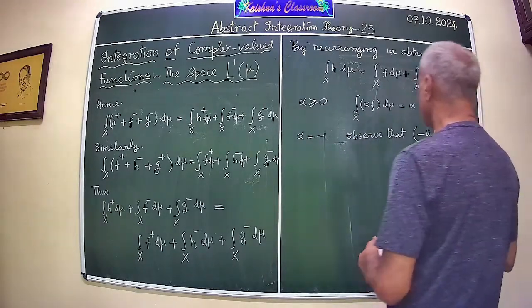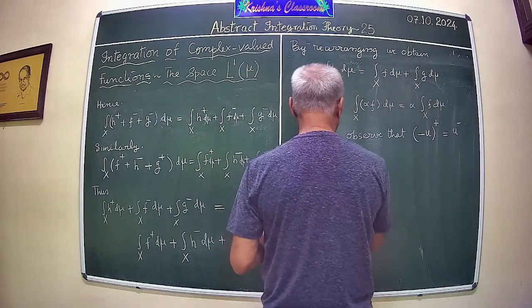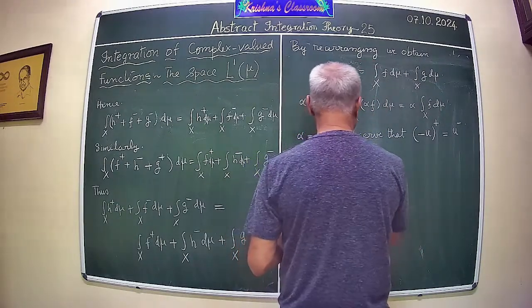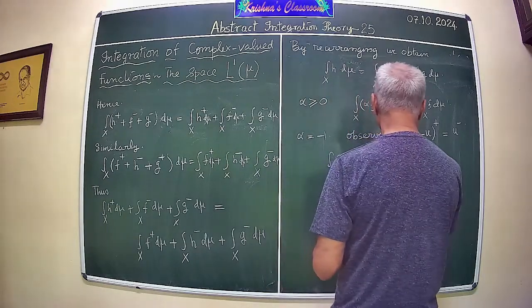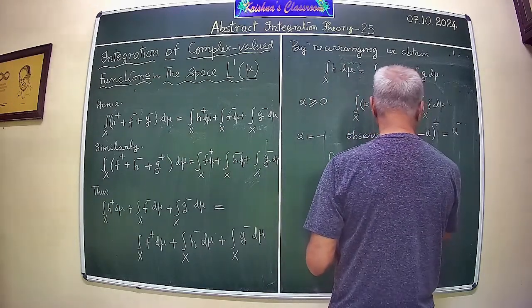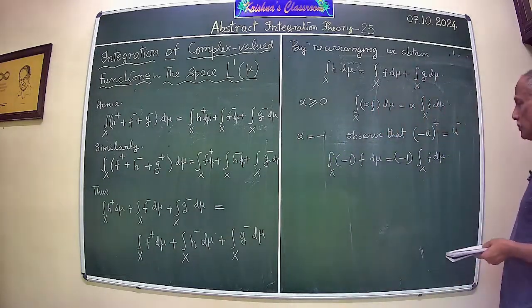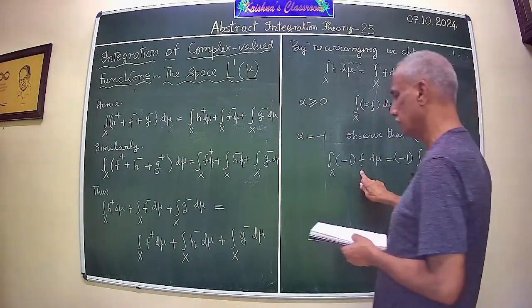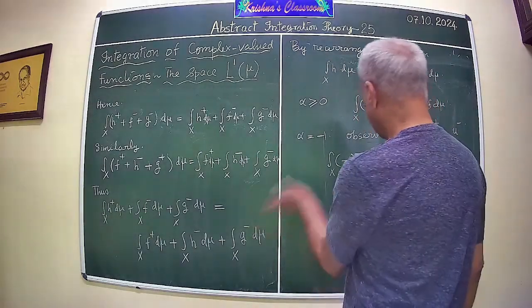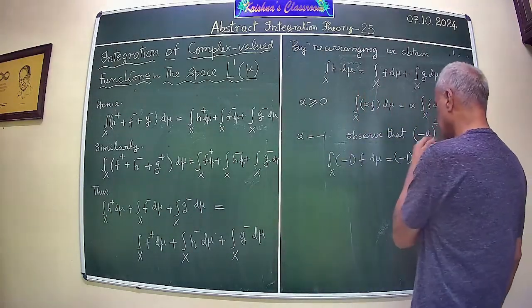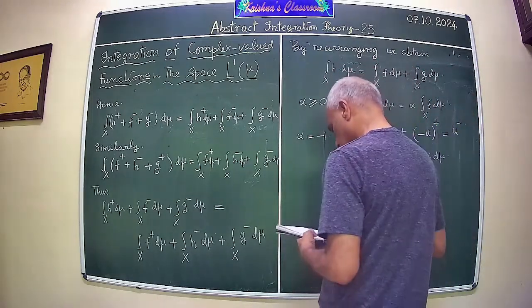If alpha is equal to minus 1, we want to prove that the integral over x of this, because you can write it as f plus and f minus, and then rework the whole thing and eventually you will get this result. Okay.